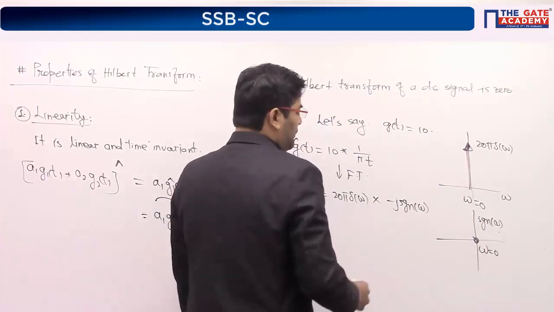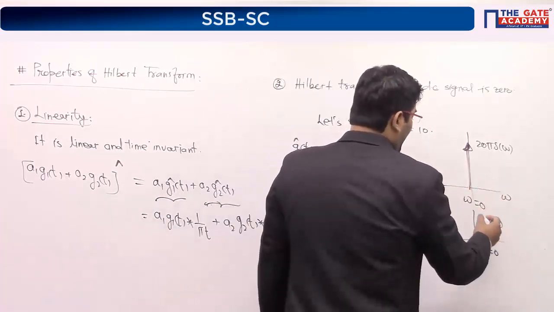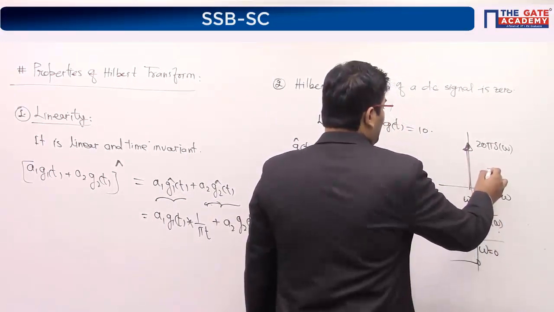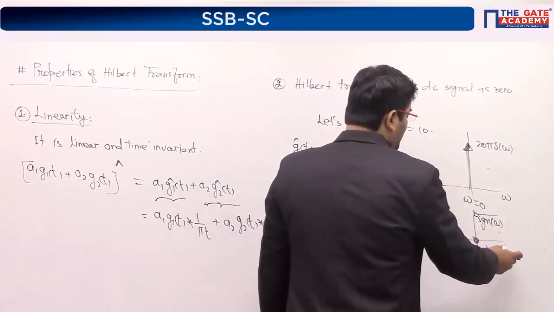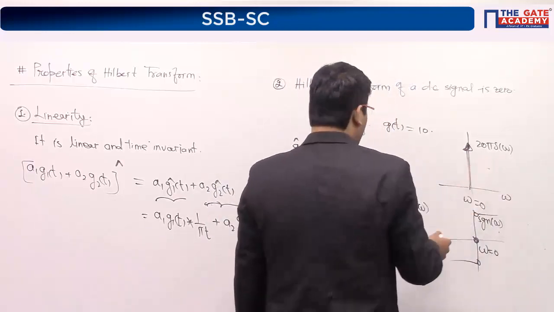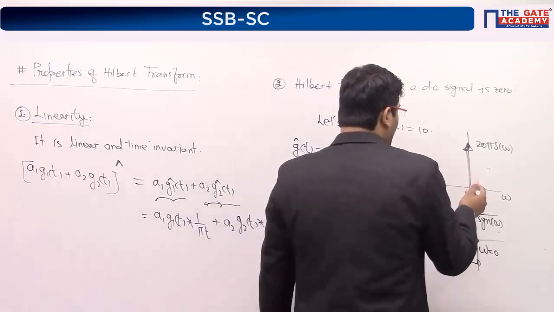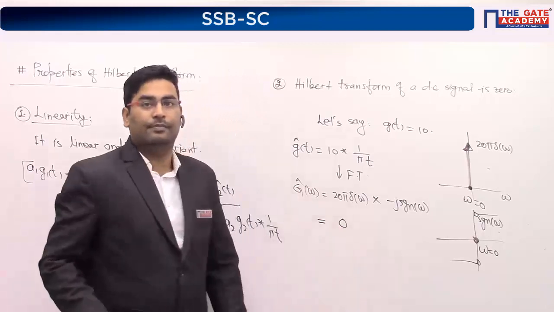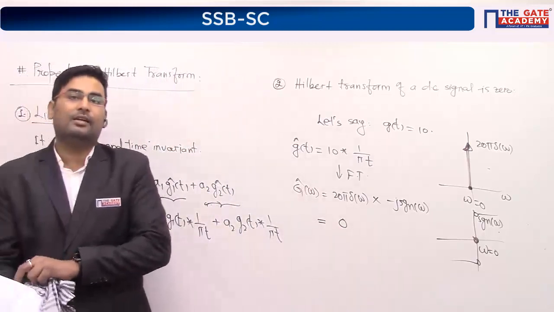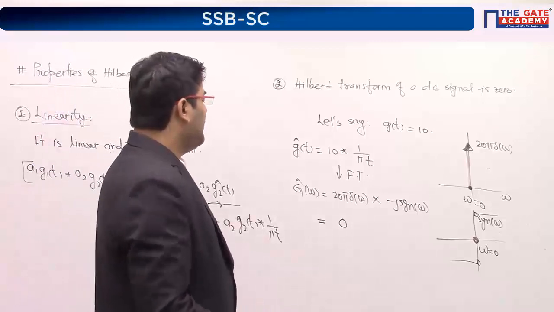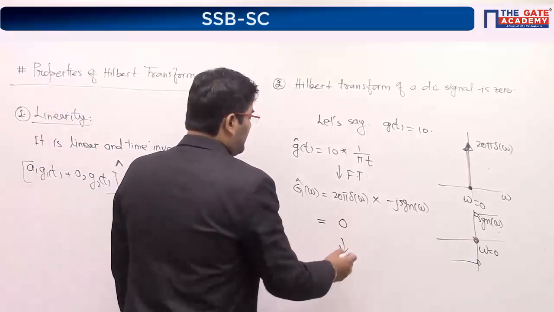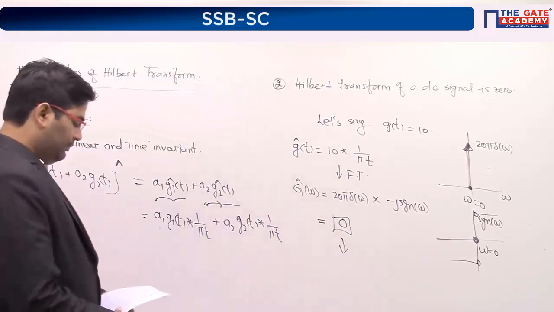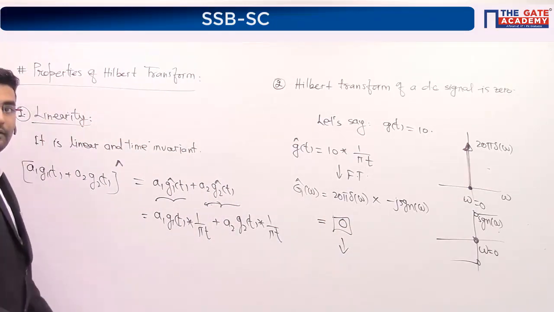Outside that, signum omega is there, right? But the impulse is 0 outside omega equal to 0, and at the omega equal to 0 point, signum omega is 0. So actually you'll get 0. And even if you take inverse Fourier transform or anything, the answer is always 0. Very, very important property, guys.